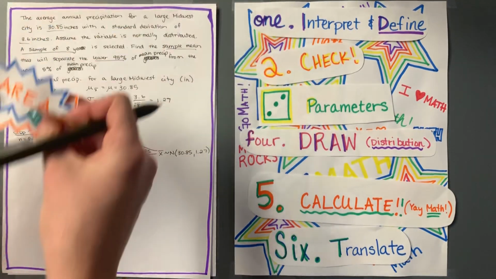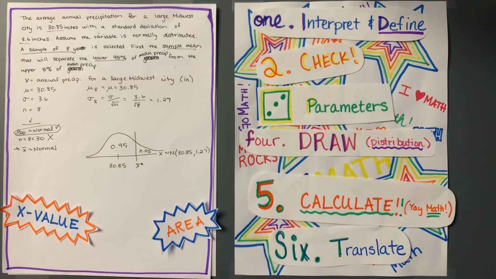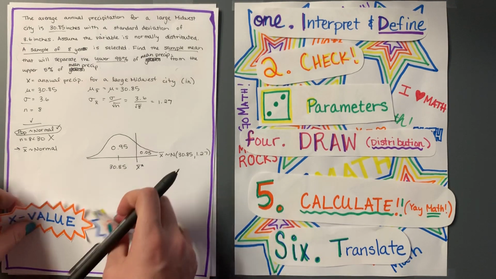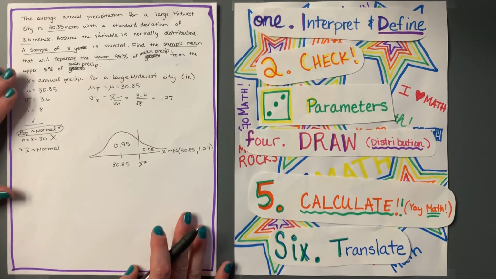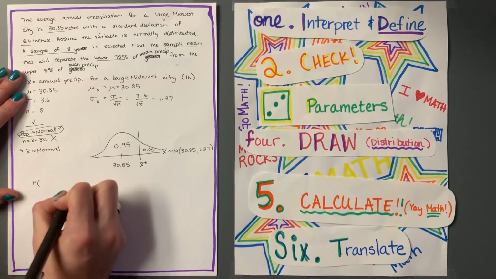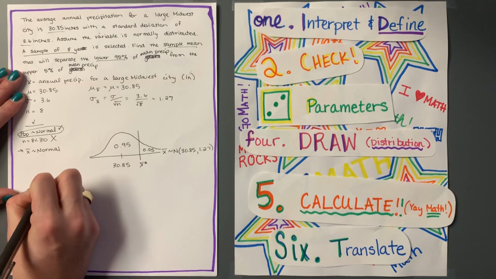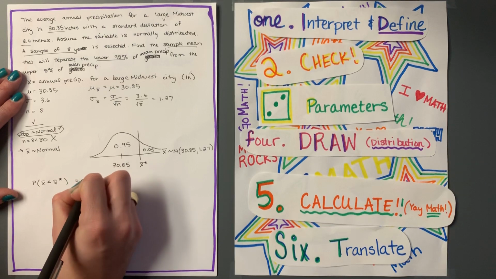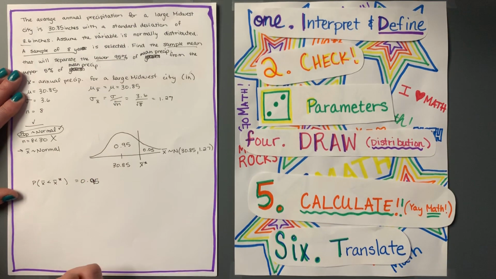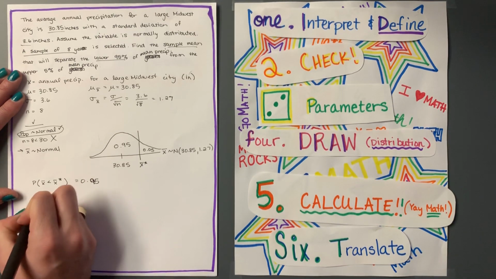So in this case, I am going from an area to an X value, which means I'm going to need to use inverse norm. So I am looking for the probability that X bar is less than X bar star is equal to 0.95. So this means I'm going to use inverse norm.